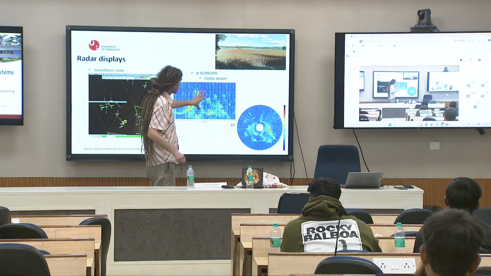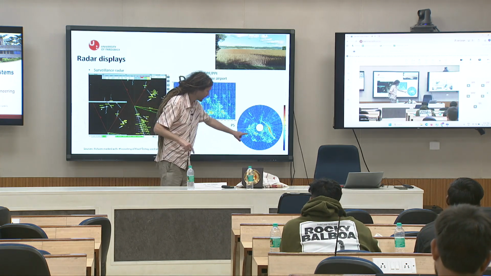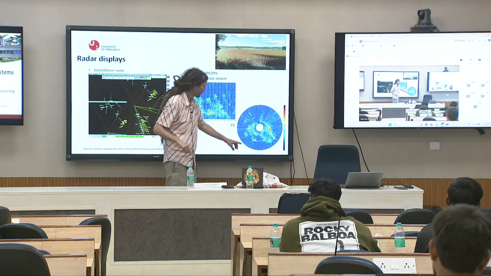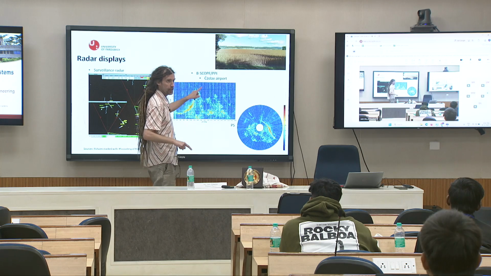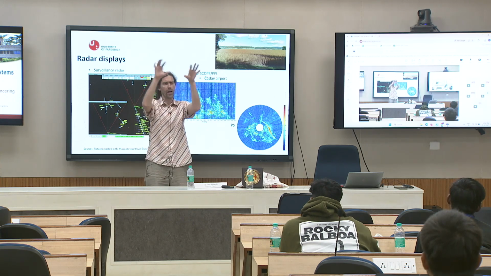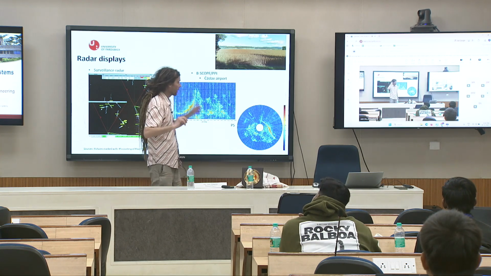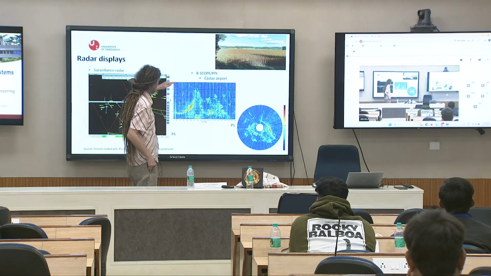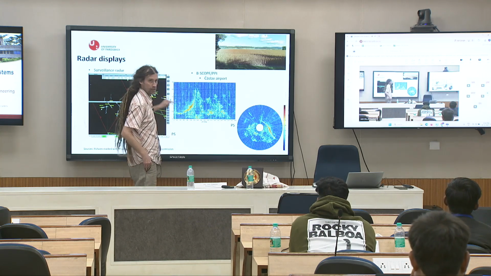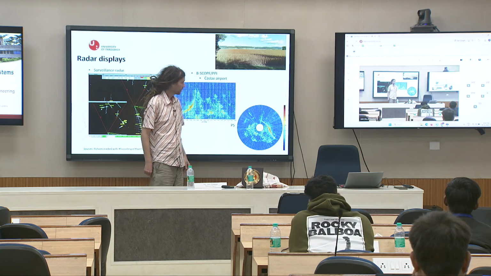So this is in B scope, and exactly the same information is in PPI. It is the same, just wrapped in another visualization. So you can see it is again distance, slant range, and phi is this azimuth.